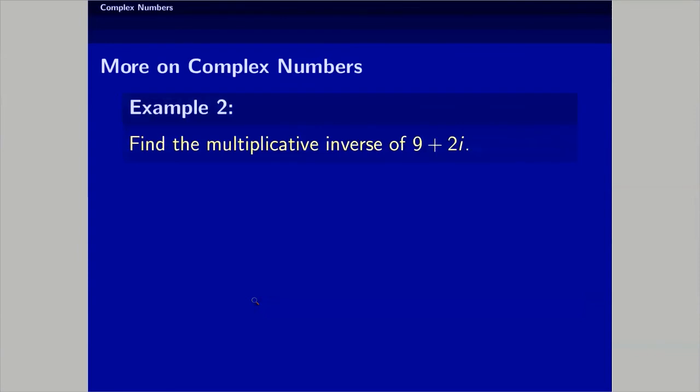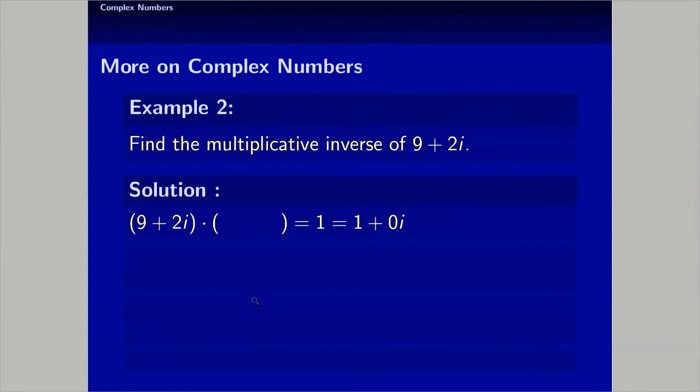Find the multiplicative inverse of 9 plus 2i. So it's like, what are we going to multiply to 9 plus 2i? Eto. Ano kaya ang i-multiply natin kay 9 plus 2i to get 1? Is simply the reciprocal of 9 plus 2i. Ito.